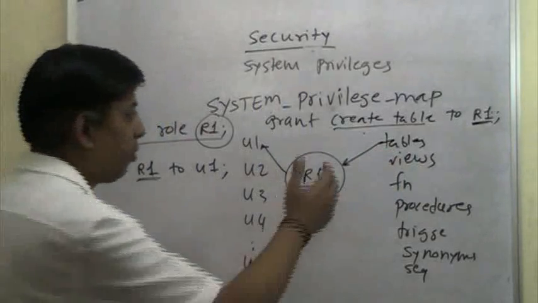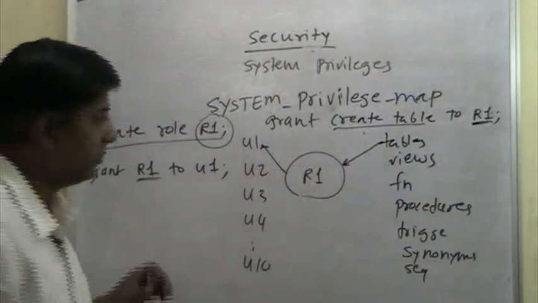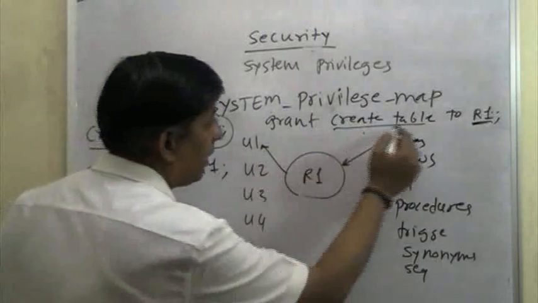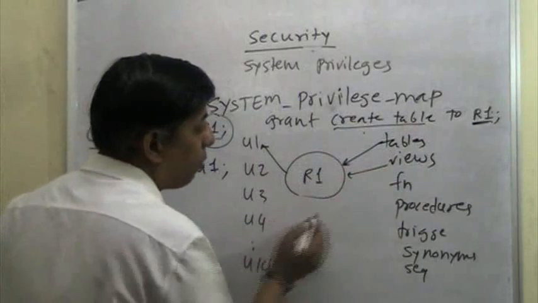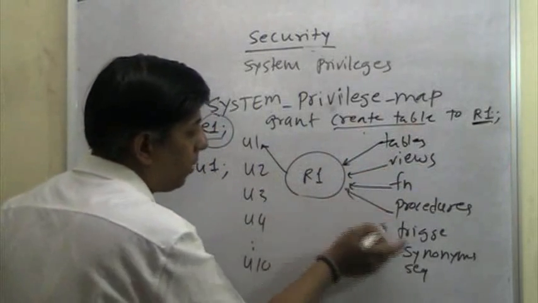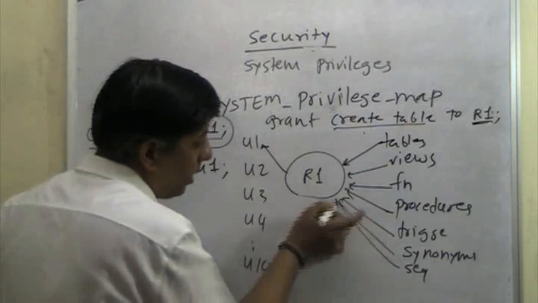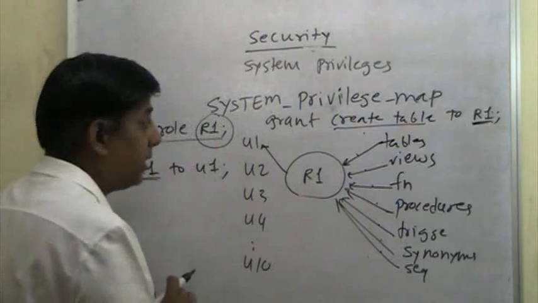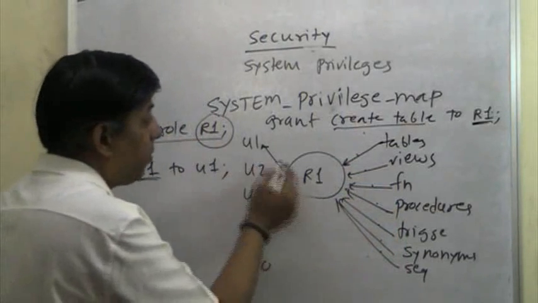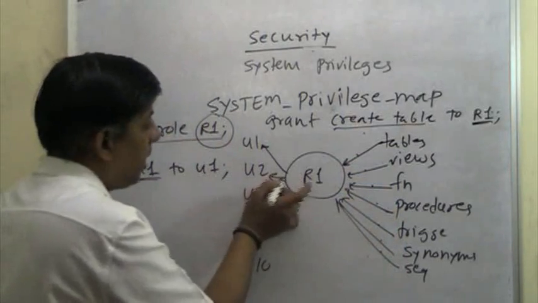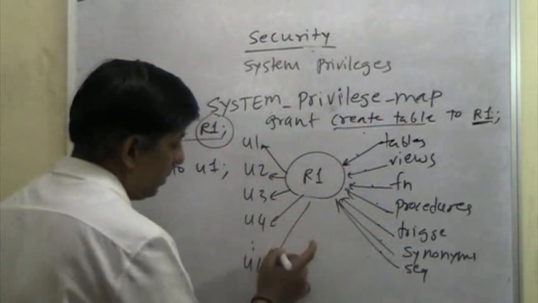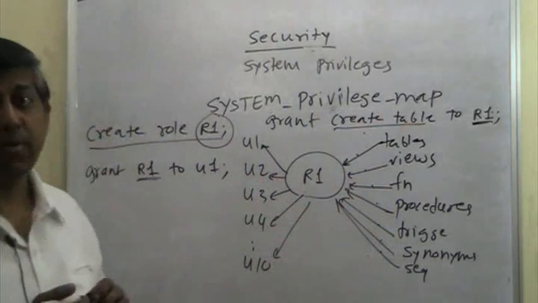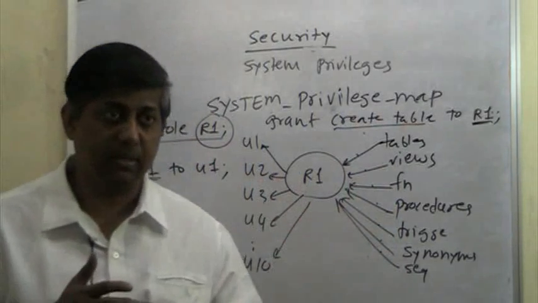It's like an associative property. So to save my typing, I'm going to say grant create table to R1, grant create view to R1, grant create function to R1. So likewise, I will execute this command 1, 2, 3, 4, 5, 6, 7 times. And then I will say grant R1 to U1, grant R1 to U2, and likewise I have done this thing, and now I have saved my typing.